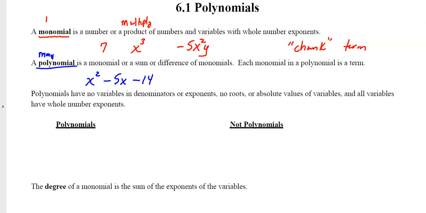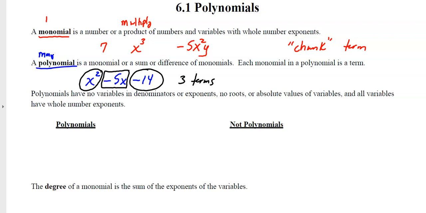All right, so that right there is a polynomial, and it's actually got 3 terms. So we have the x squared piece, we have the minus 5x piece, and then we have the minus 14 piece. So this one would have 3 terms, and it's called a trinomial because there's 3 pieces.